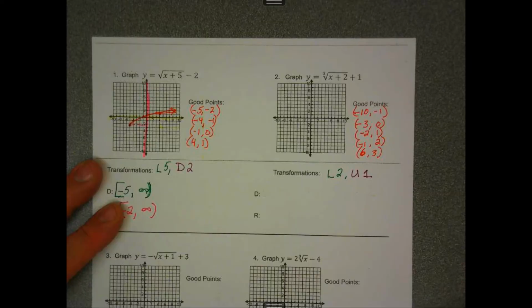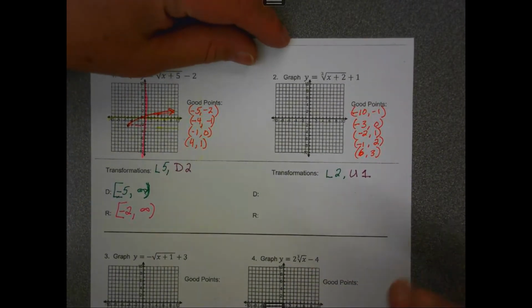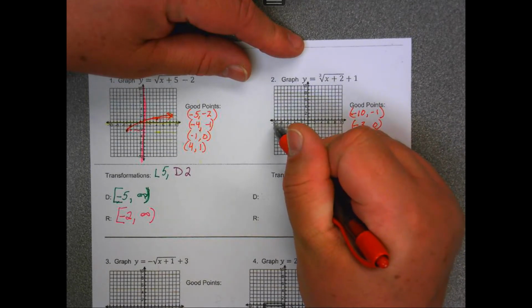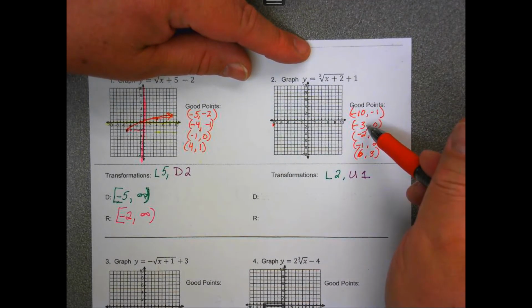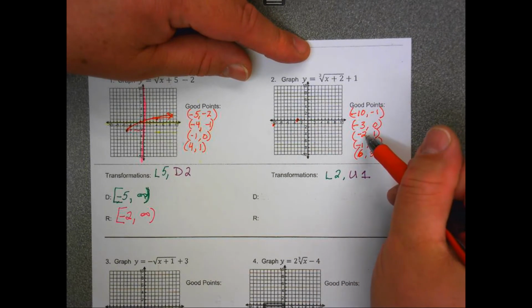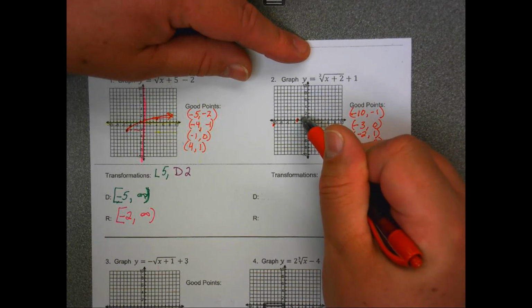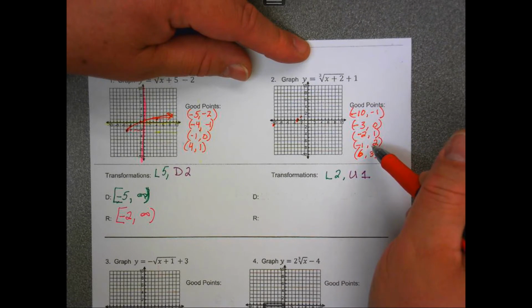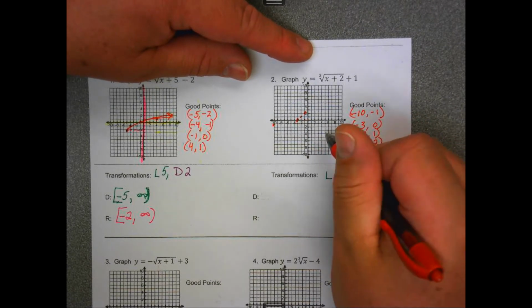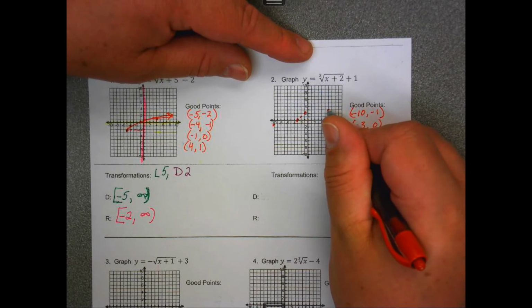Okay, graph this. -10, -1, -3, 0, -2, 1, -1, 2, 6, 3.